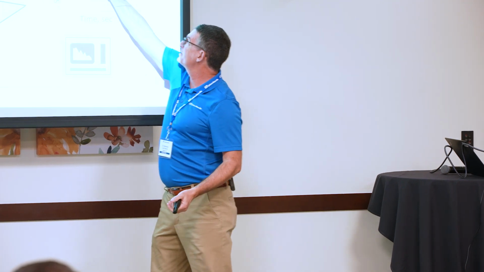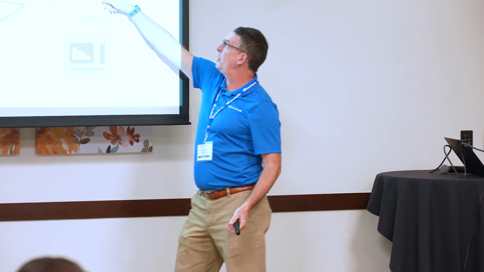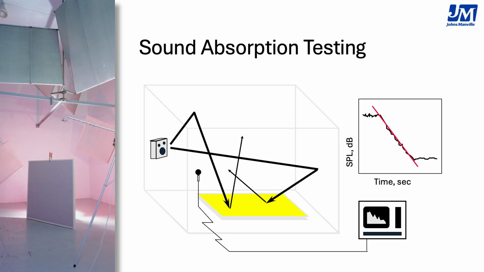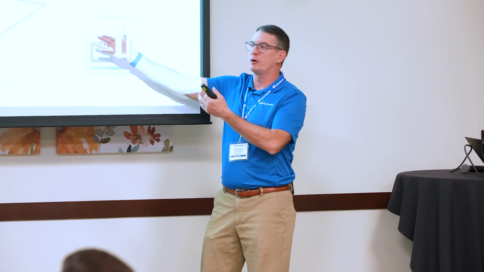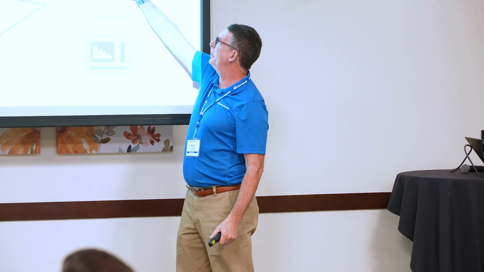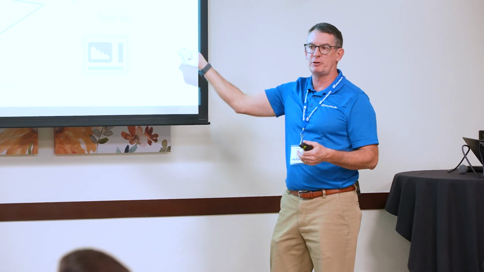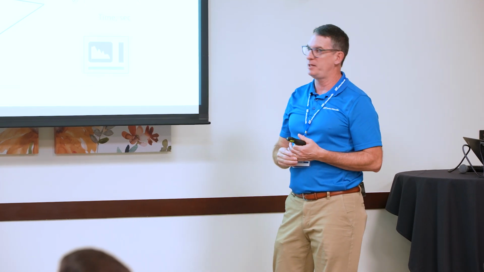As the echo fades away, it looks like this: we've got our noise on, we turn it off, the sound echo decays away, and then this is our background level. We measure that slope, and then we do it again with the material in. When the material gets in, the slope gets steeper. By comparing the difference, we can calculate how much sound is absorbed by the material.